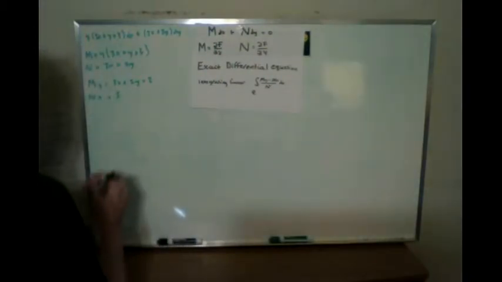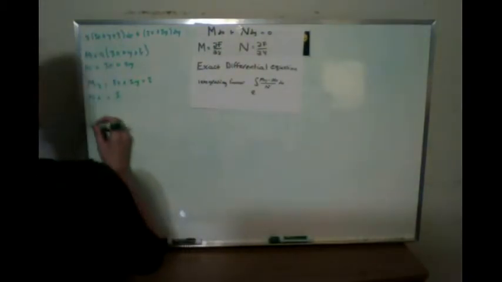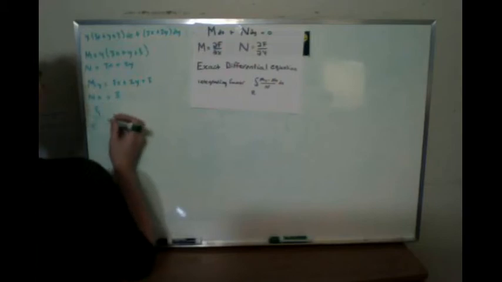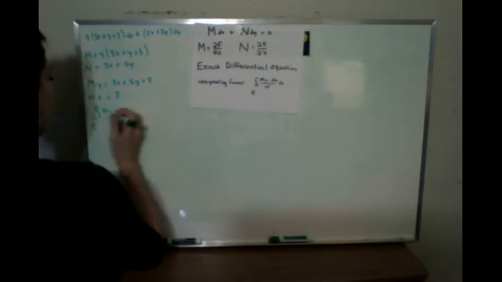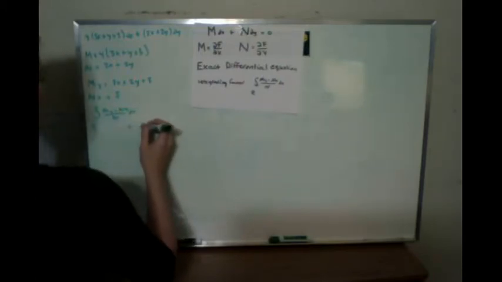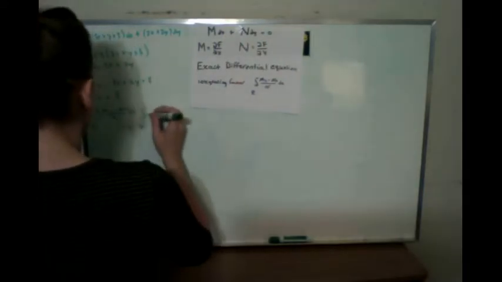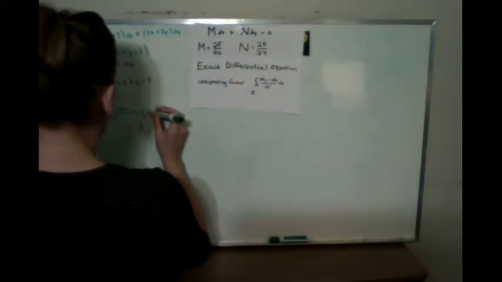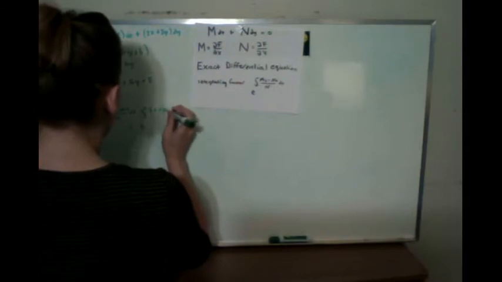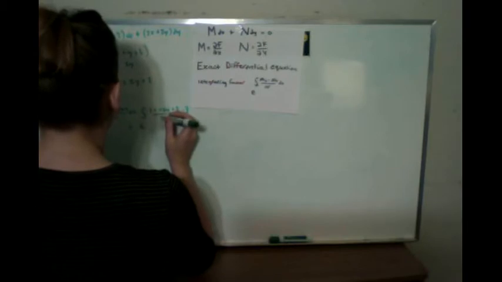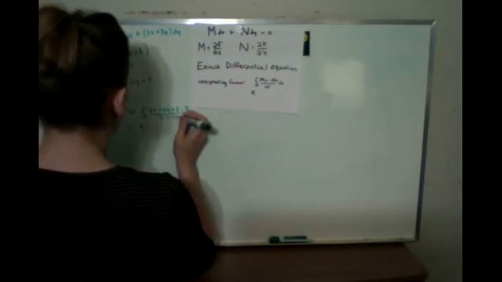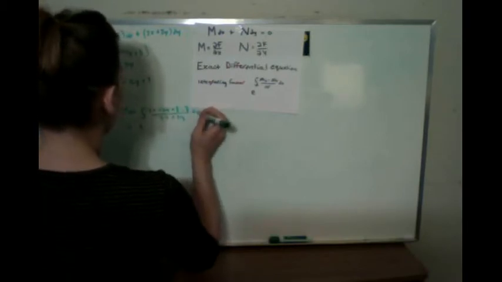So if we take e to the integral of (My minus Nx) over N dx, that gives us e to the integral of (3x plus 2y plus 3 minus 3) over (3x plus 2y) dx.